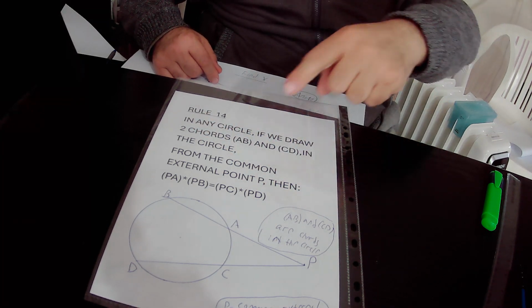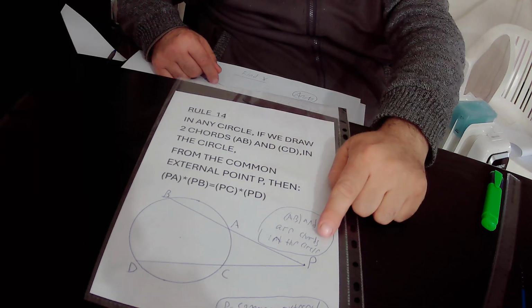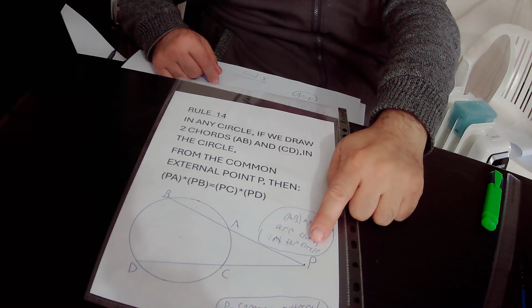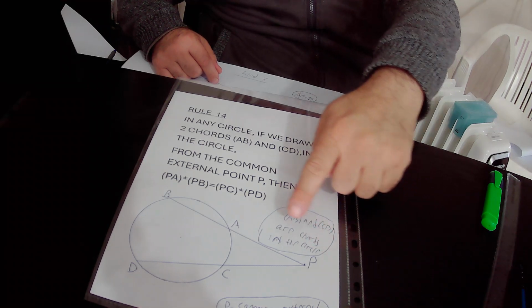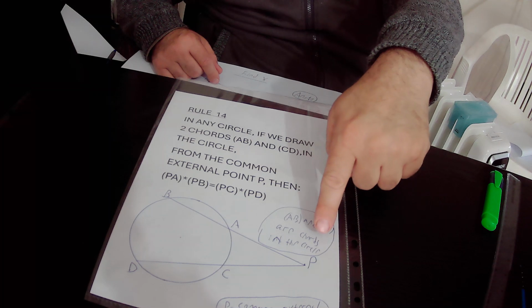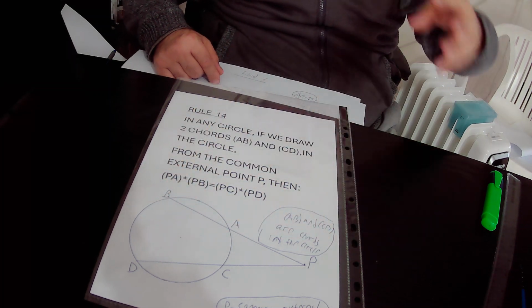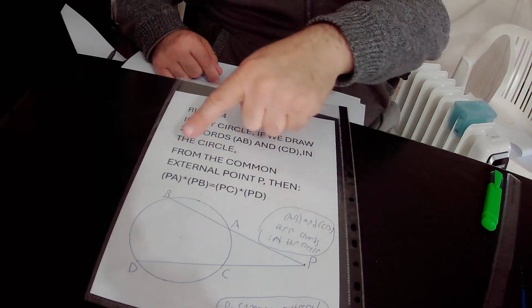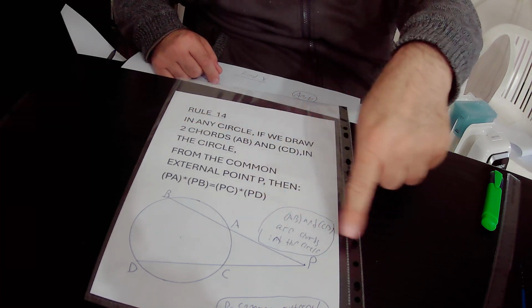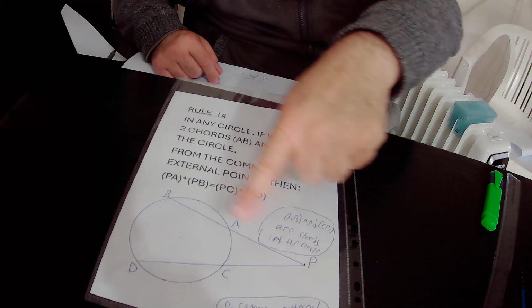So we have a circle and a common extreme point P. From P, we draw two chords inside this circle, chord AB and chord CD. So in this drawing, PA times PB equals PC times PD.